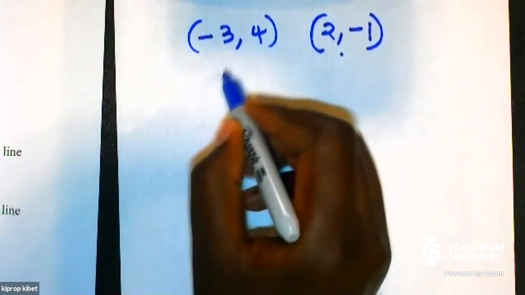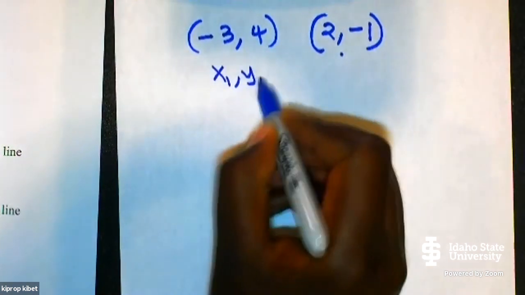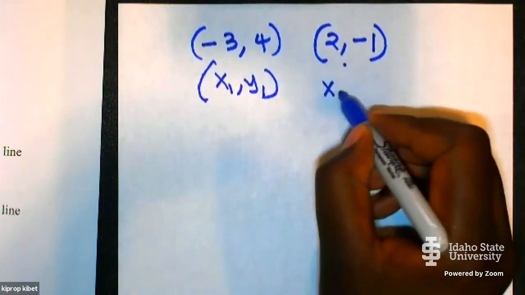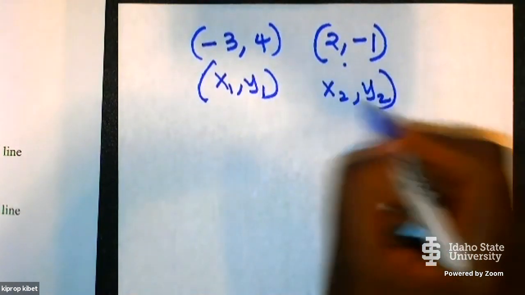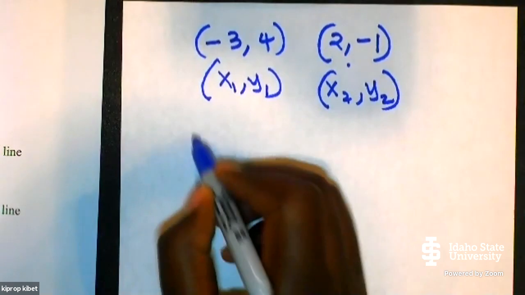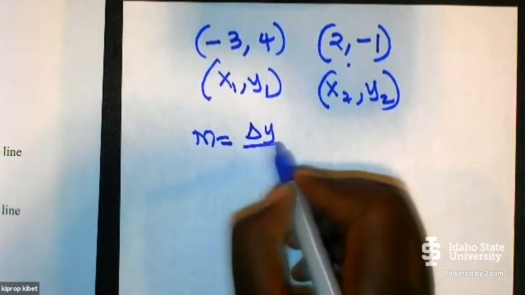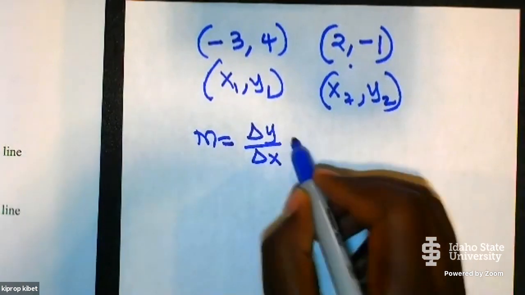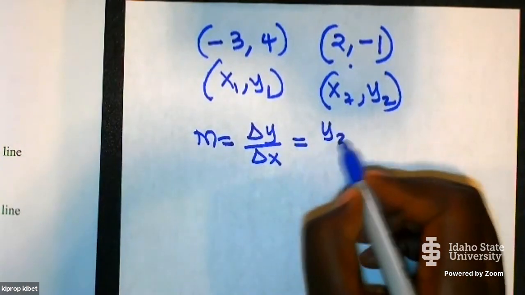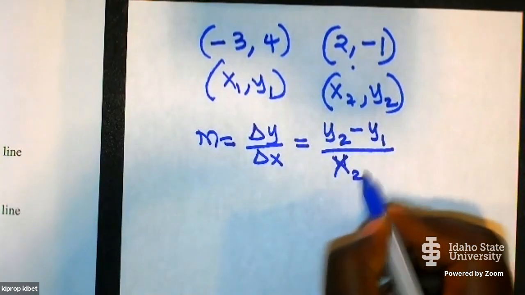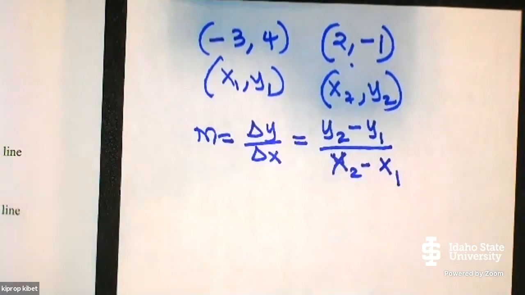So this can be x1, y1, and x2, y2. So our slope formula, which is m, equals what? Change in y all over change in x, which equals y2 minus y1 all over x2 minus x1.